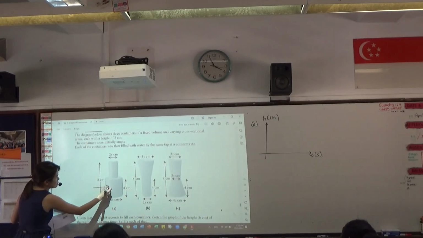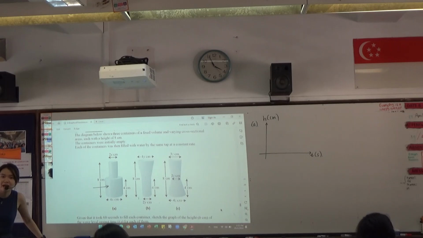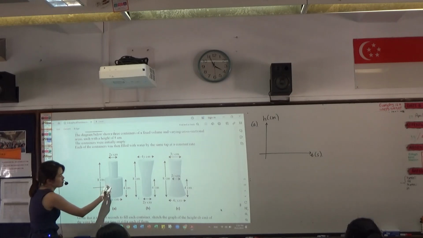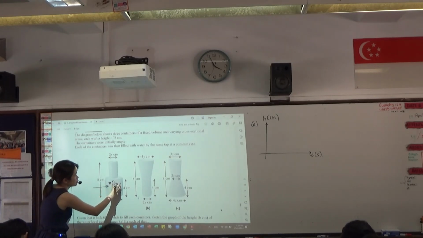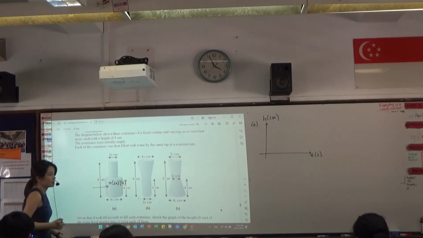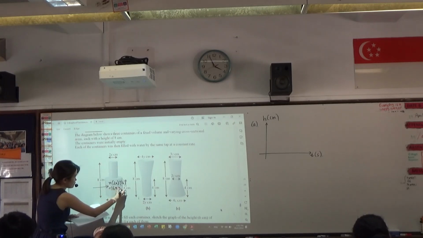For this particular segment over here, okay, what is the volume of cylinder formula? Pi r squared h, okay? So pi r squared h, this one is diameter. So in other words, the radius will be 2x and the height is 4. Okay, and this will give us a volume of 16 pi x squared.